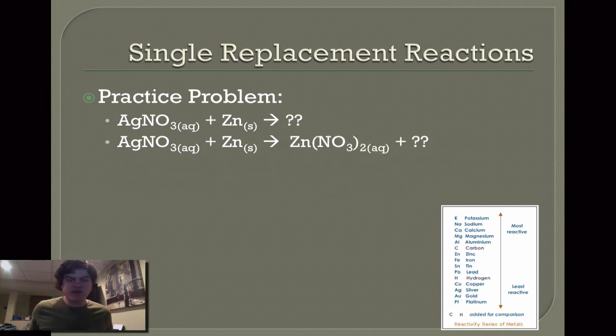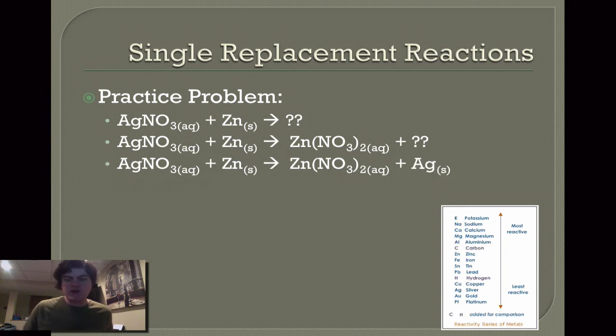So we take zinc and remove silver and pair up nitrate with zinc. Now zinc forms a positive 2 charge, so we need 2 nitrates to write the correct formula, and it is aqueous, so we have zinc nitrate. The silver is what is left over when we are done with this.